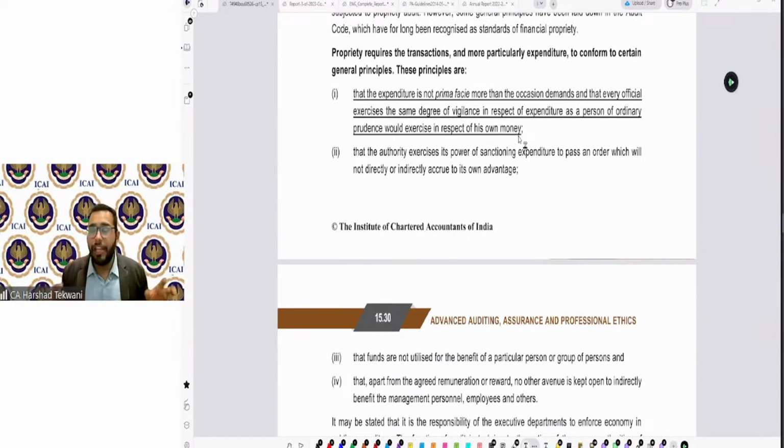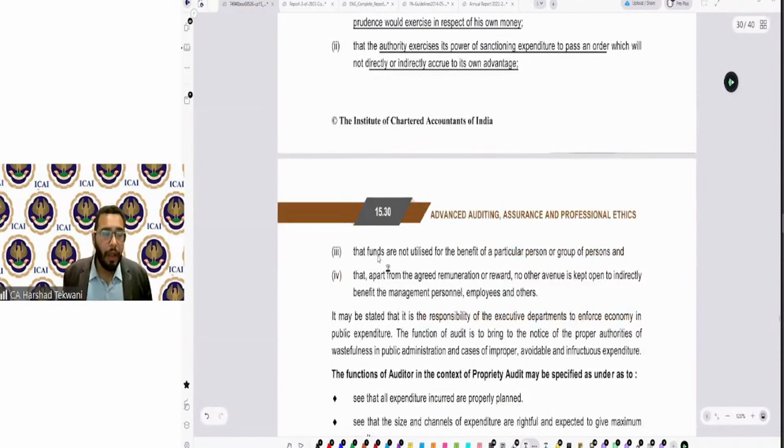Also, whether the authority exercises its power of sanctioning expenditure to pass an order which will not directly or indirectly accrue to its own advantage, meaning whether anyone is taking advantage of the position, authority or power for its own benefit, and that the funds are not utilized for the benefit of a particular person or a group. Rather, if they are public funds, they should be utilized for the benefit of the larger public.